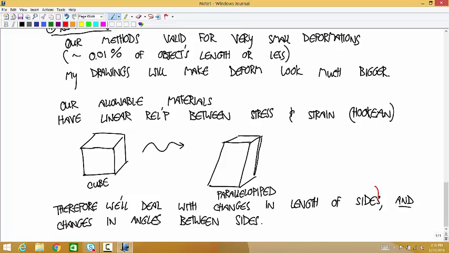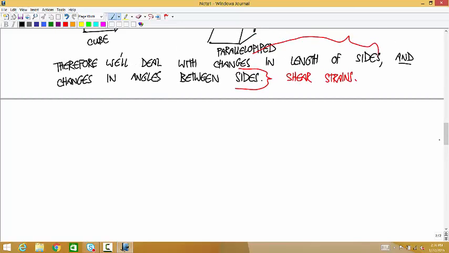The changes in the length of the sides are going to be represented with normal strains. And the changes in the angles between sides are going to be represented by the shear strains. Okay, so first I'm going to talk about the normal strains.